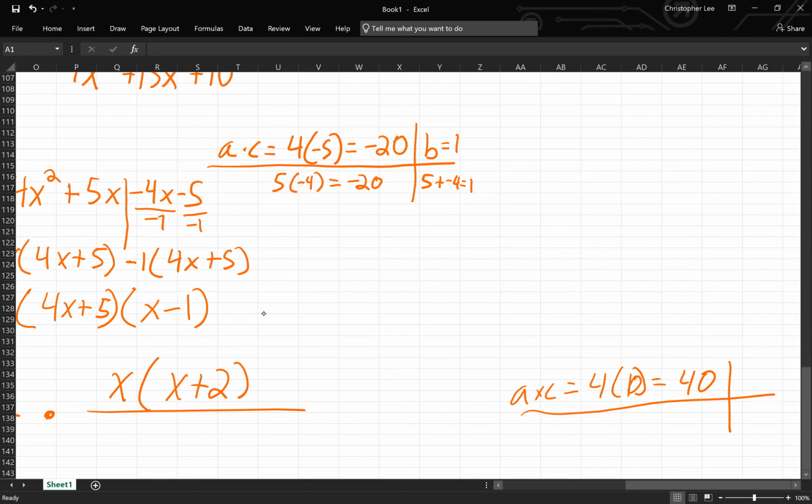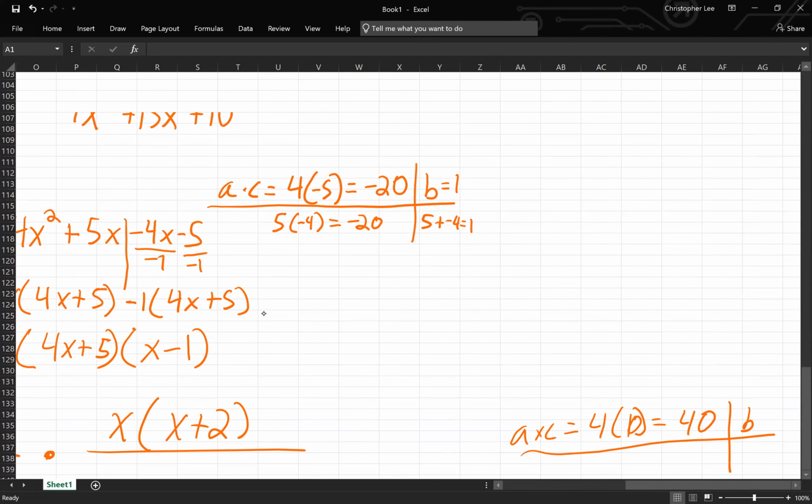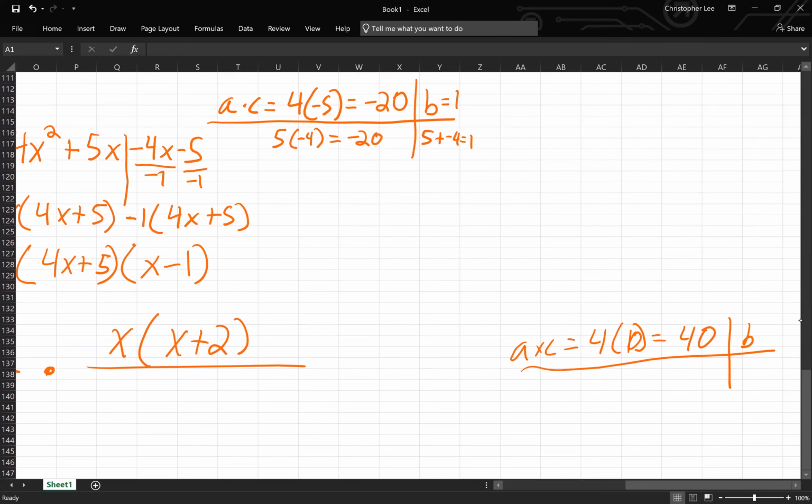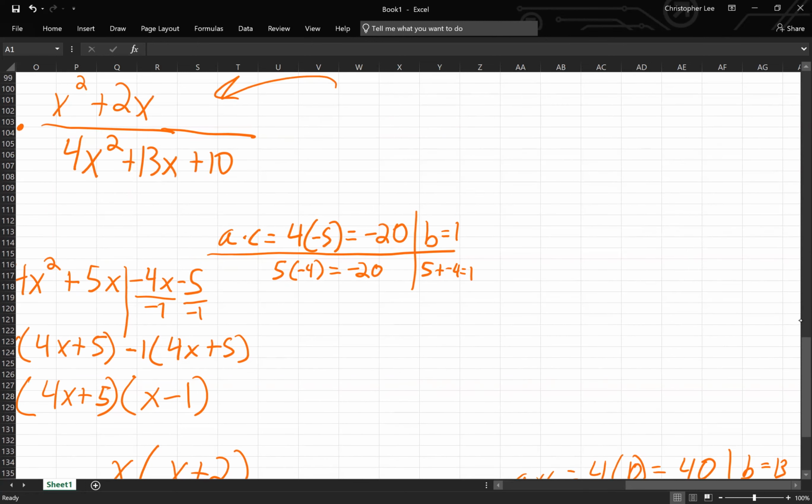And then B is 13. All right, so 8 and 5, 40 and 8 plus 5 is 13, right? So now we're going to rewrite this as 4x squared plus 8x plus 5x, plus 10.